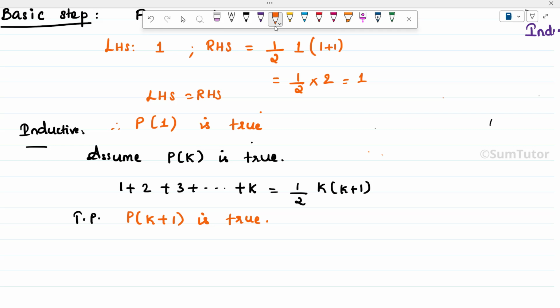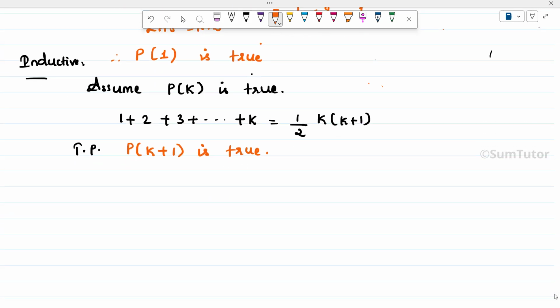So P(k+1) means the statement becomes 1 + 2 + 3 + ... + k, the kth term, then the (k+1)th term, equal to 1/2 × (k+1)(k+1+1), therefore (k+2). This is the statement we have to prove.